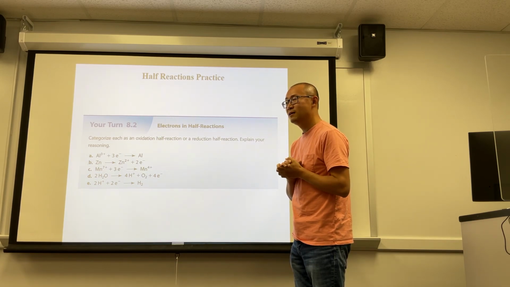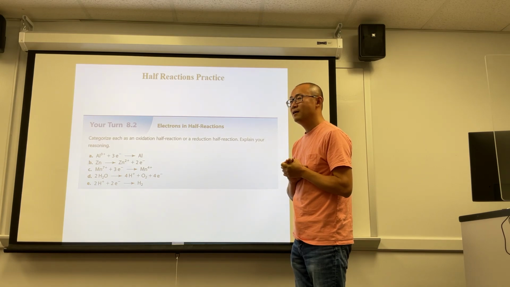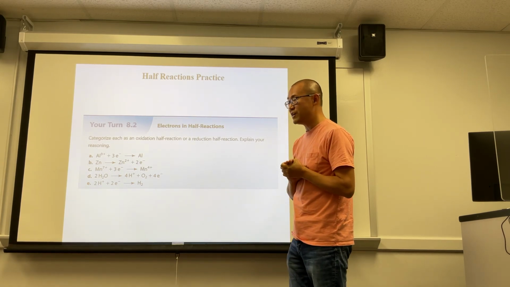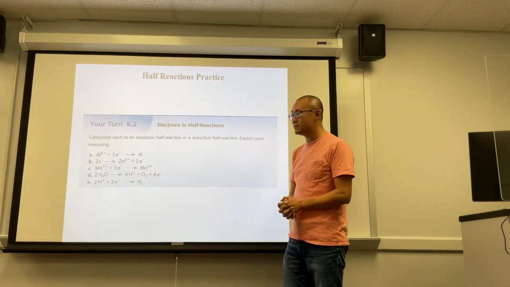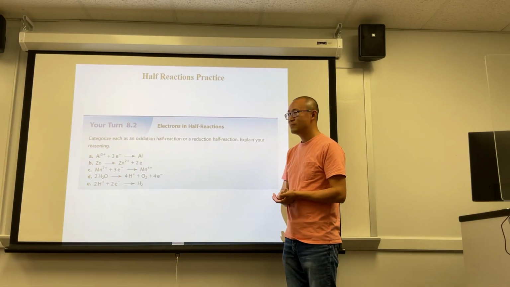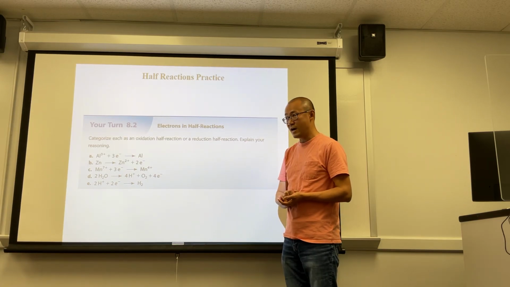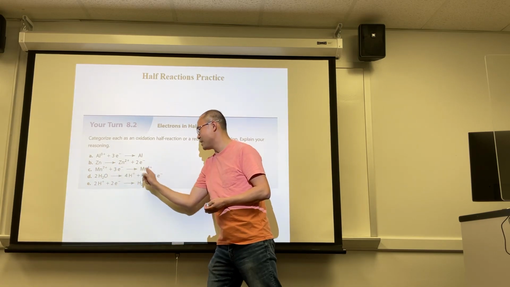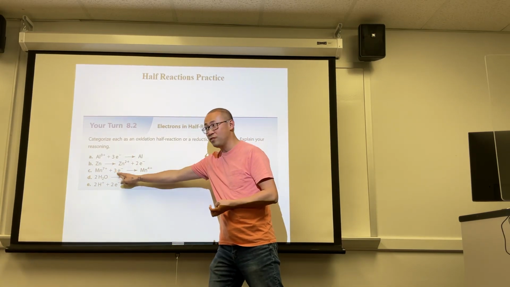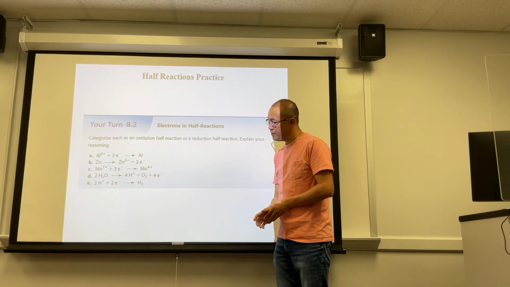B is oxidation because zinc loses electrons to become zinc 2 plus. Very good. The third reaction is reduction because of gaining electrons. You can see the charge goes from 7 to 4. That means you gain 3 electrons.